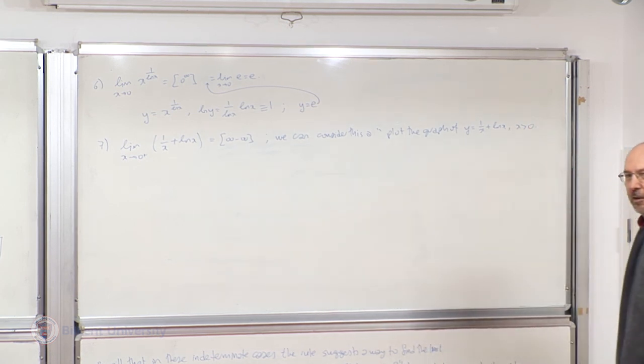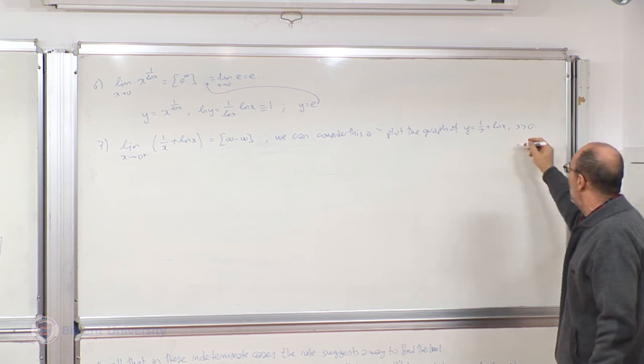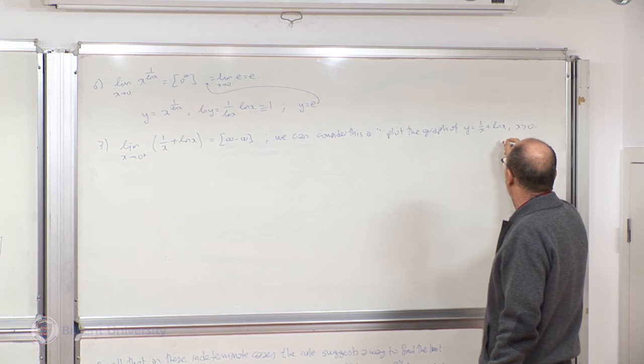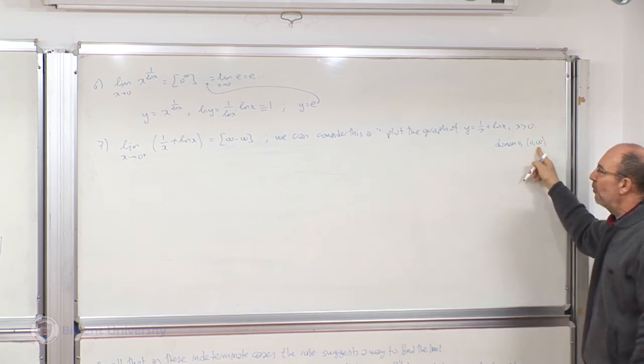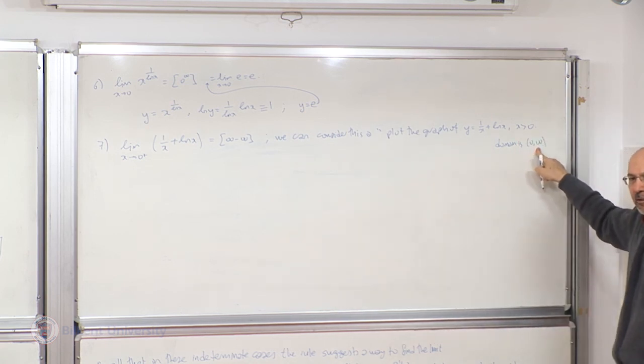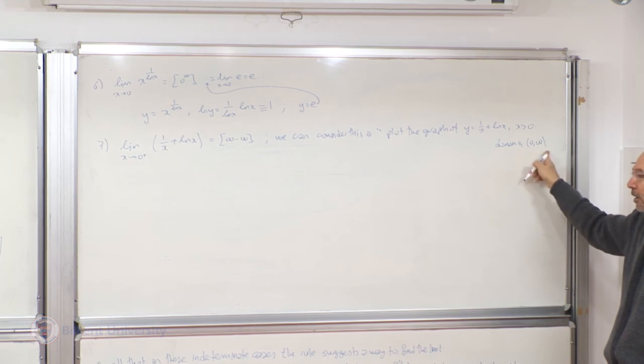When we are plotting this, of course, you are interested in what happens when you approach the domain. Here the domain is 0 to infinity. In between, we'll be able to predict the behavior because we'll take the derivative and second derivative, and we'll know concavity, minimum, maximum, etc. But what happens when you approach the limit here and here?